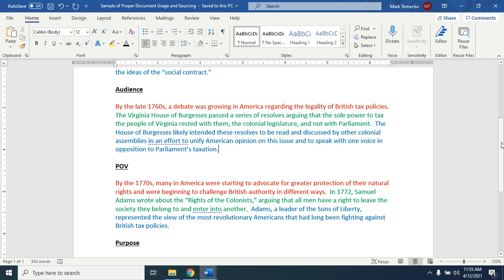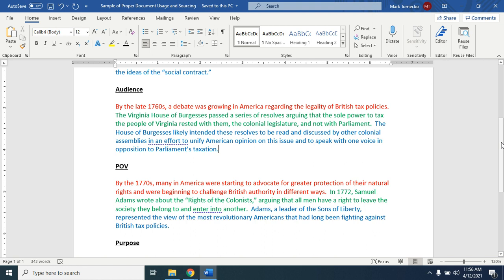So I struggled, and I was looking at the documents, and there were only a couple that I thought audience might work here. So I tried it with the second document. So here's my kind of thesis or claim and analysis. By the late 1760s, a debate was growing in America regarding the legality of British tax policies.